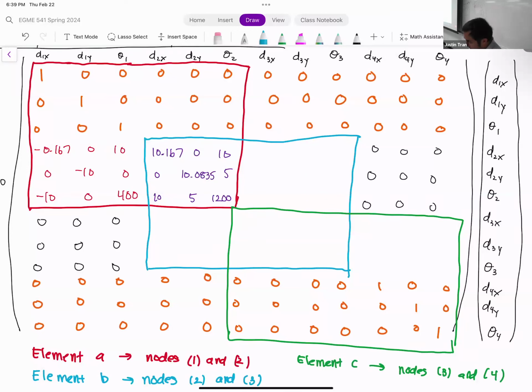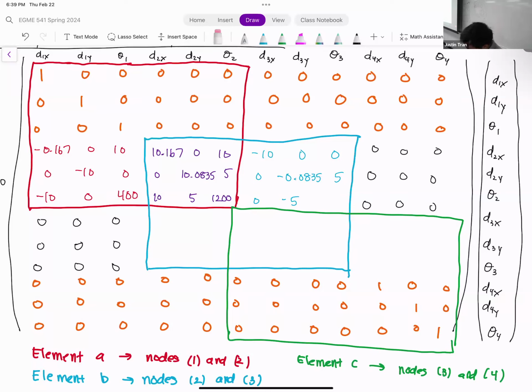Let's go ahead and fill in for element B now. So for element B, I'm going to start in the top right coordinates. We have minus 10, 0, 0, 0, minus 0.0835, 5, 10, minus 5, sorry, 0, minus 5, and then 200.